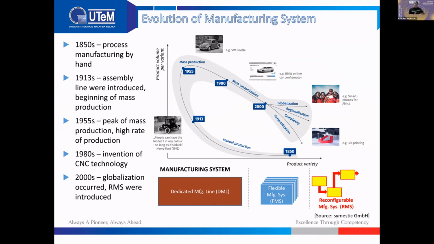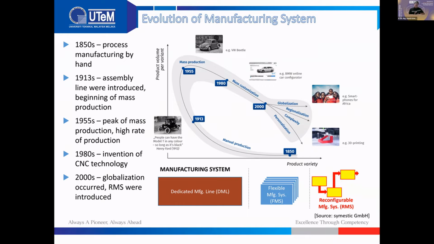And now in the year 2000, we can see that there are several directions chosen by manufacturing companies, either going for personalization or regionalization or globalization. Looking at this evolution of manufacturing systems, we can see that some companies are moving from the dedicated manufacturing line to the flexible manufacturing line.